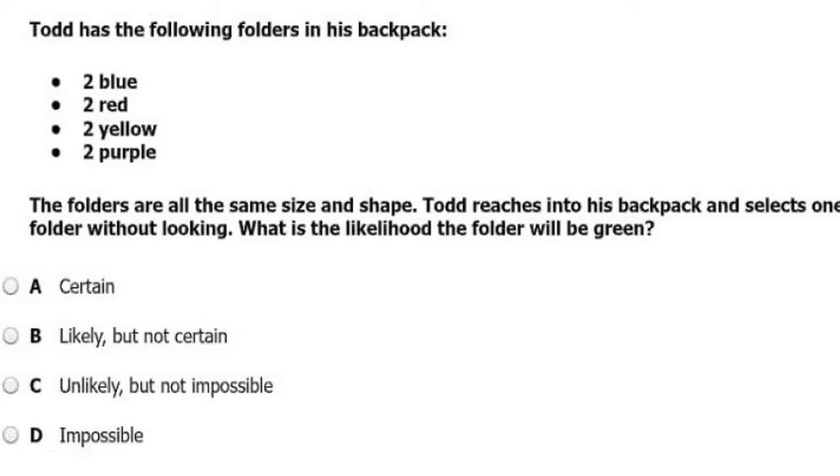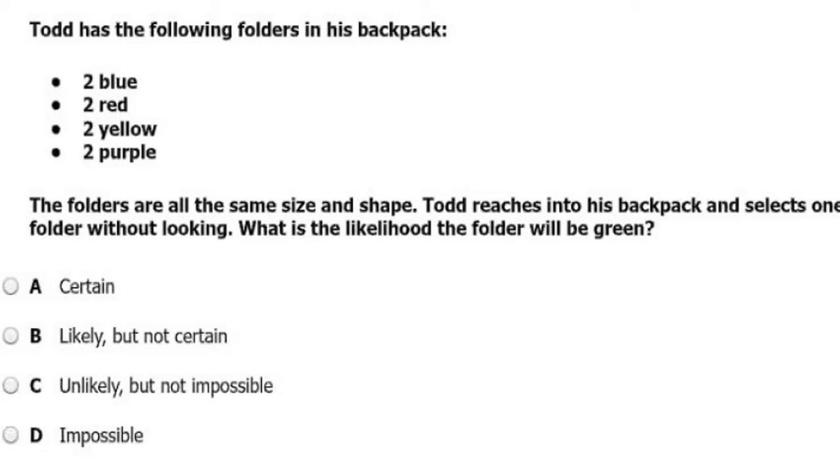All right, friends, it's time to show what you know. Go ahead and take a close look at this question. Todd has the following folders in his backpack: 2 blue, 2 red, 2 yellow, 2 purple. The folders are all the same size and shape.